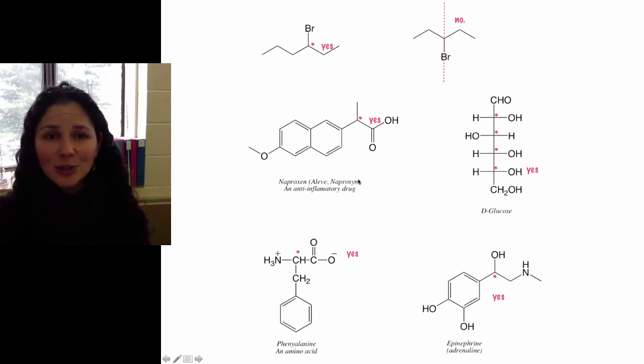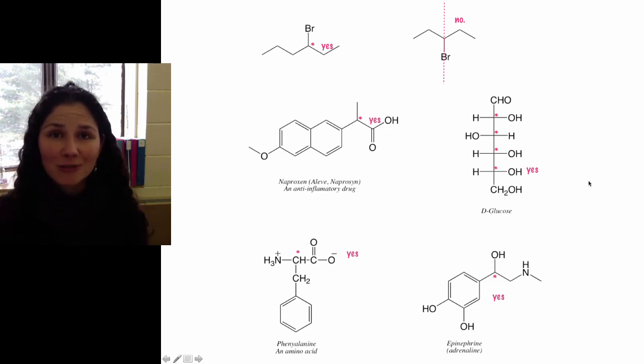In this molecule, the only carbon that is chiral is right here. All of the other carbons have at least 2 groups that are the same or have double bonds. Here you have a molecule represented as a sequence of Fisher projections. Each one of these intersections represents a carbon, and each one of those carbons has 4 different groups attached.